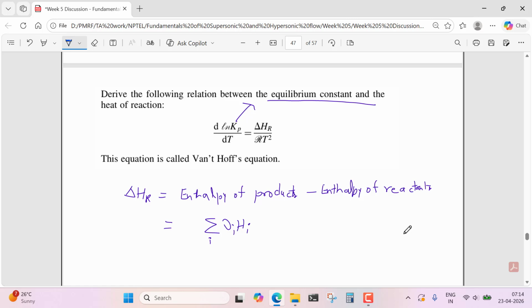Derive the following relation between the equilibrium constant and the heat of reaction: d log Kp upon dT equals ΔH_r upon R̄T squared. This equation is called the van't Hoff equation. So how do we derive it?